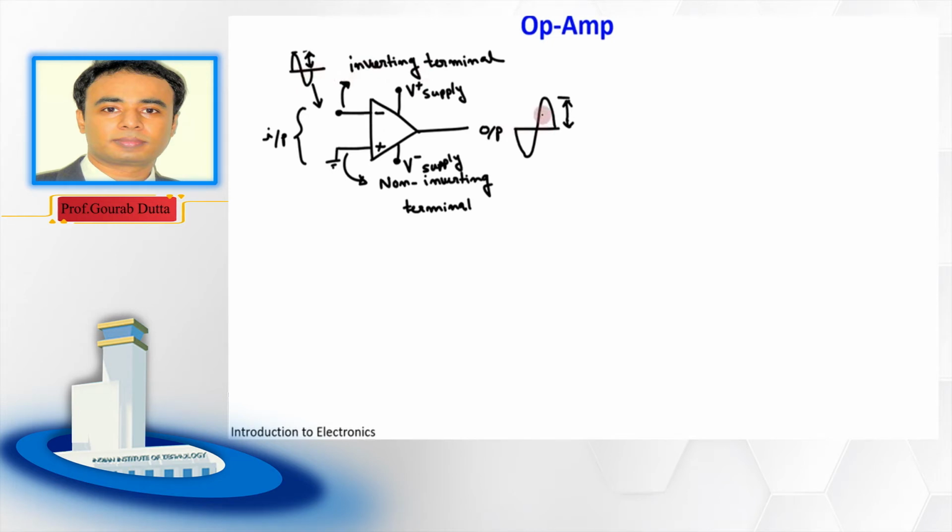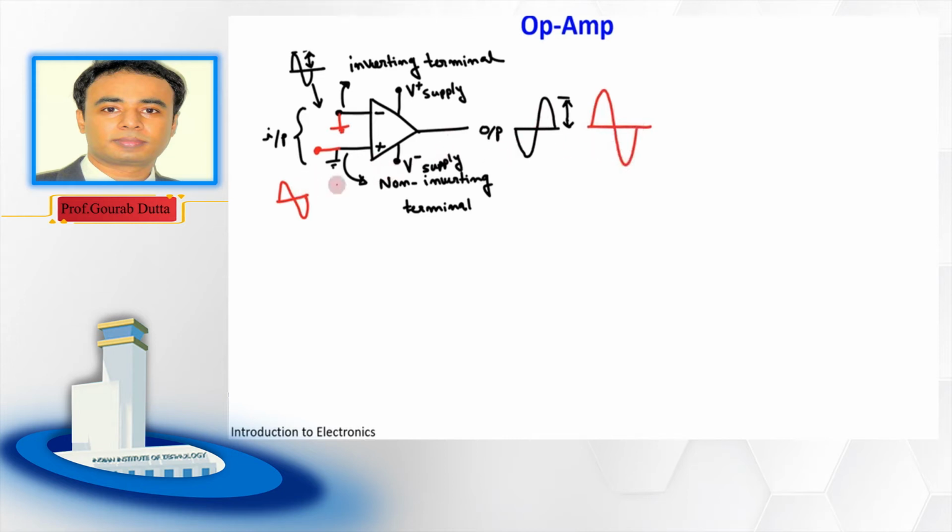Similarly, the other way around: after proper biasing, if you now ground this terminal and apply the signal at the non-inverting input terminal, and suppose the input signal is like this, then at the output you can expect again the amplified version of this input, but the signal will be in the same phase as the input signal.